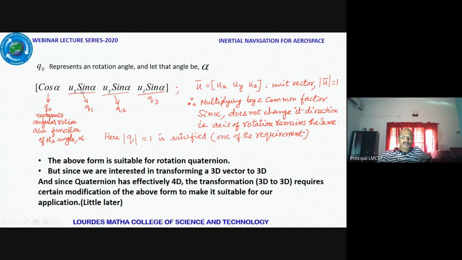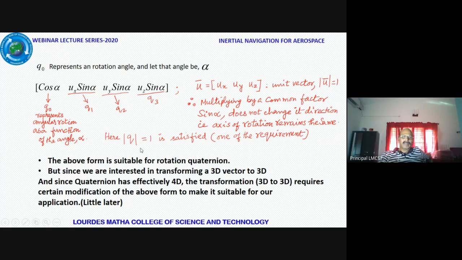Now, this is still the axis of rotation. Whichever direction ux, uy, uz originally meant, that remains the same even after multiplying with sin alpha in all three terms. So the axis of rotation is not changed by this multiplication. Then I have taken cos alpha here. Now you take the magnitude: square this, square this, square this, square this, add all of them and take the square root.